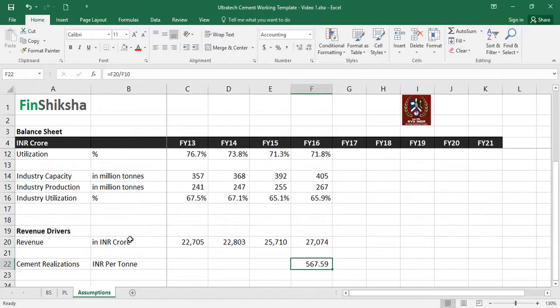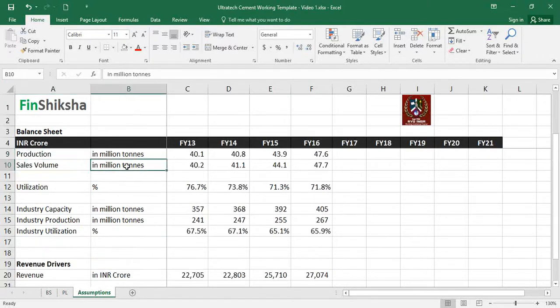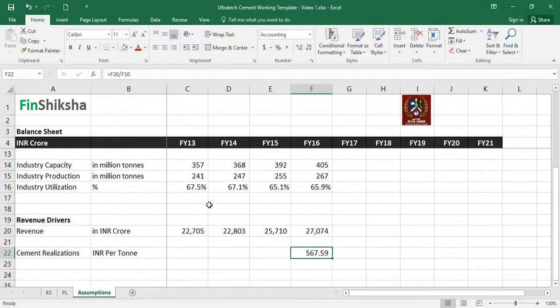So we get this data, but this data is not correct. Why is it not correct? Because revenue is in INR crore, but the sales number is in million tons. So either I convert the sales number into crore tons or I convert the revenue into millions. Let's convert the revenue into millions. 1 crore is equal to 10 million, so I will multiply the numerator by 10. So revenue into 10 is revenue in millions, divided by the million ton data.